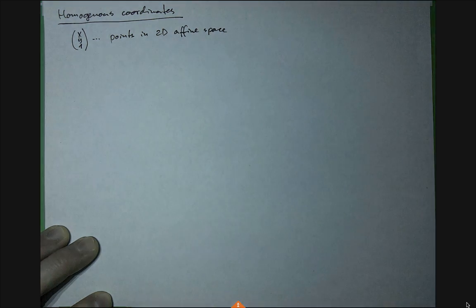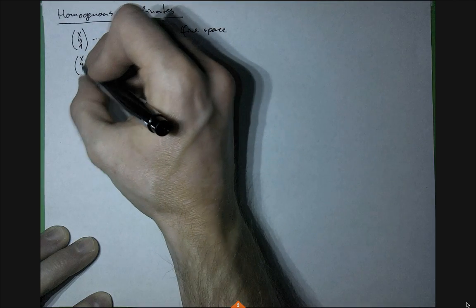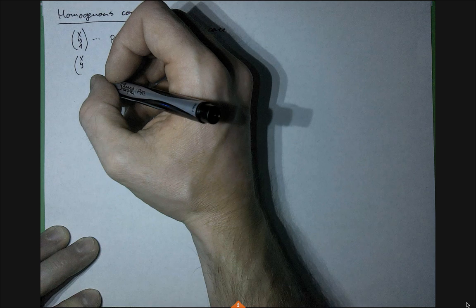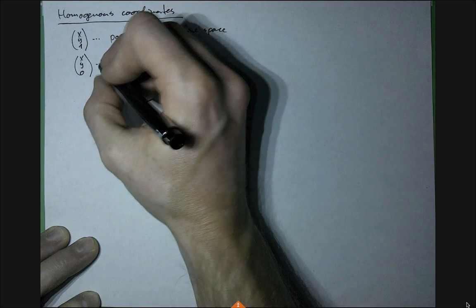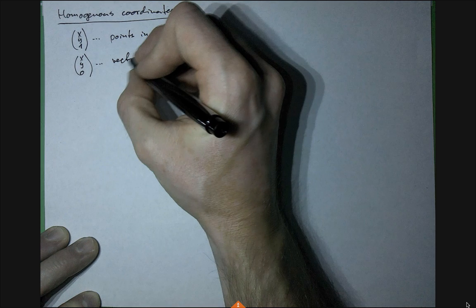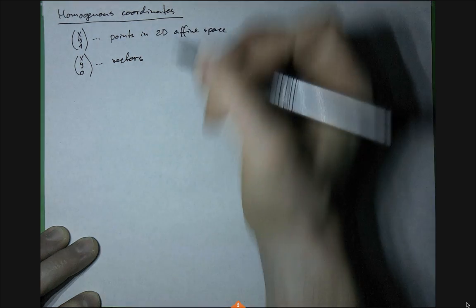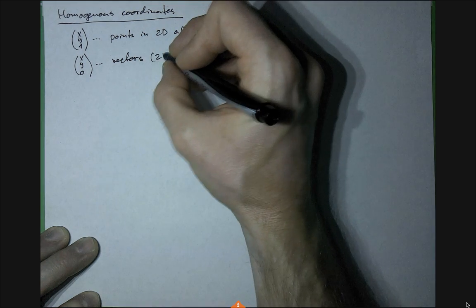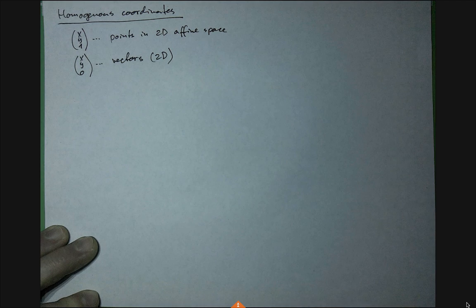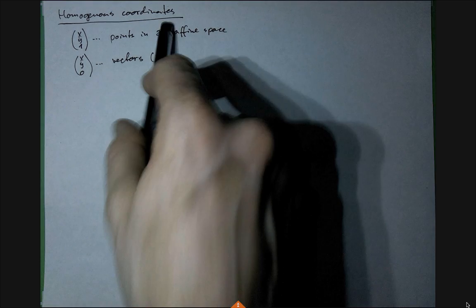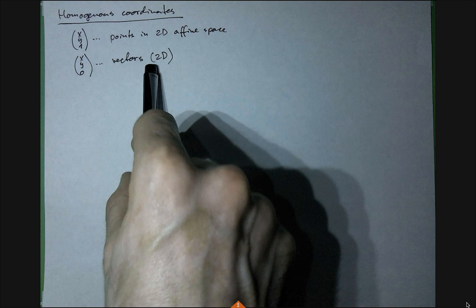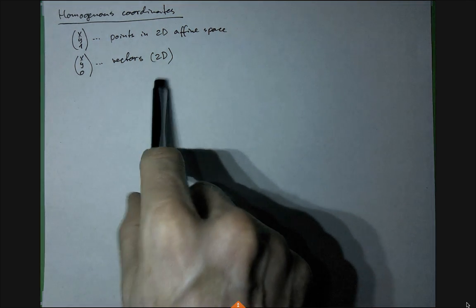Right? And if I want to represent vectors in 2D affine space, I do x, y, and what? 0. These things represent vectors. Technically, vectors are not elements of the affine space, but these things are compatible in a certain sense, which I would like to elaborate on right now.